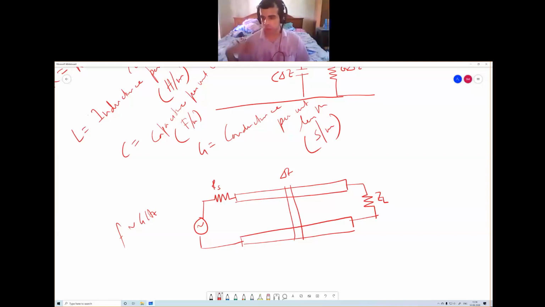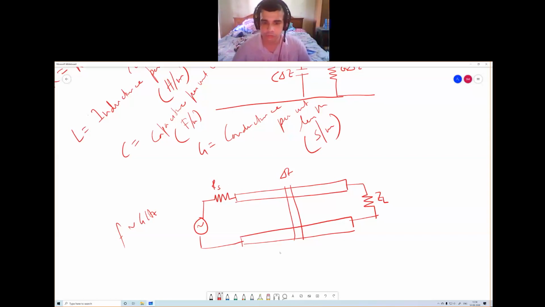So now the condition for applying KCL and KVL is satisfied. Although the entire line is very large, this very small portion is much smaller than the wavelength. So the conditions we discussed for KCL and KVL application are valid.